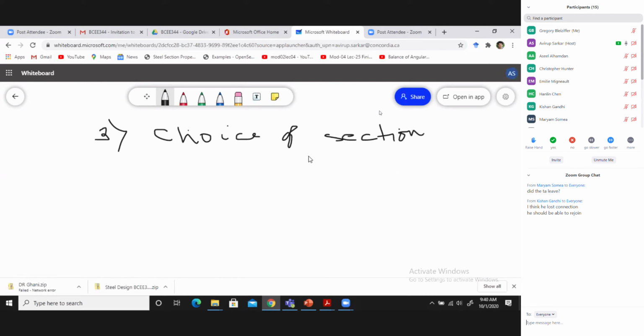After you make the choice of sections, in this case they have chosen 276 cross 64 cross 9.5. And also how we are going to place it, the configuration.